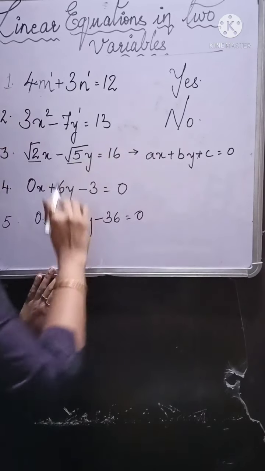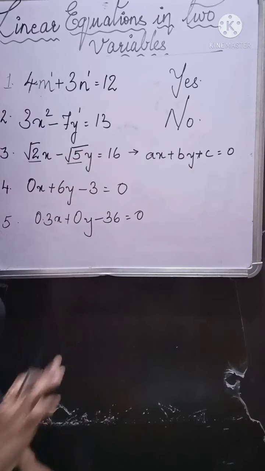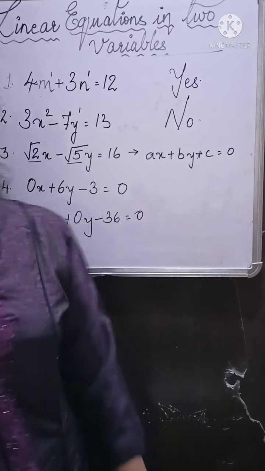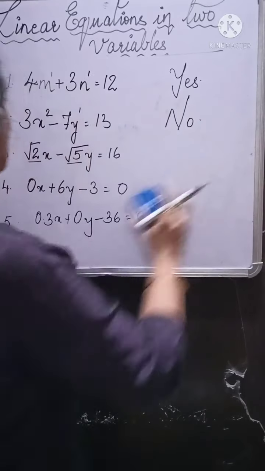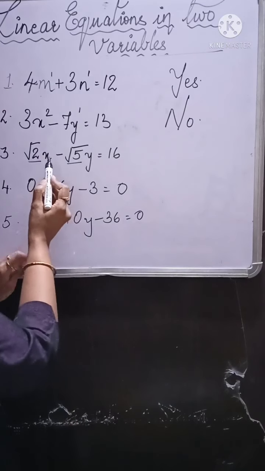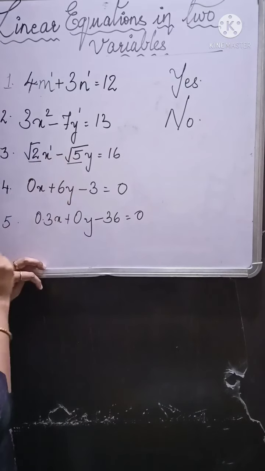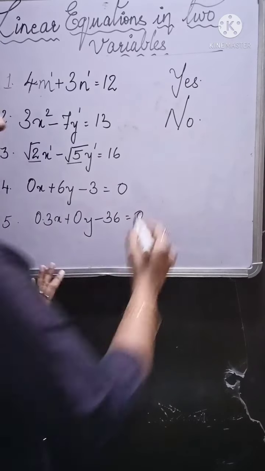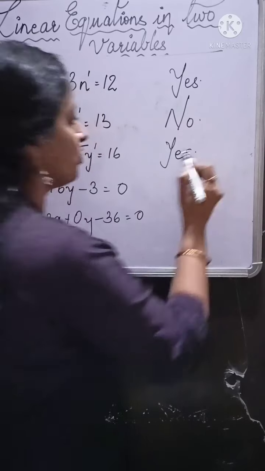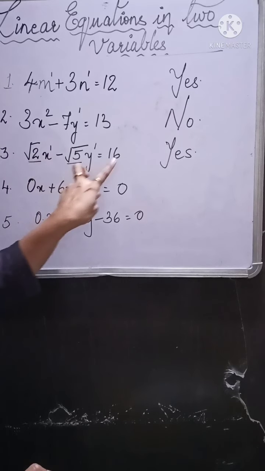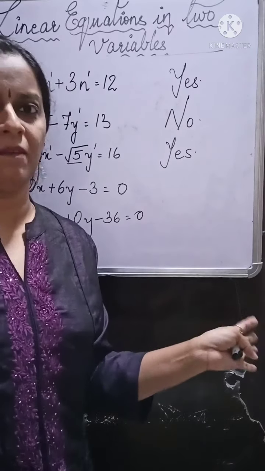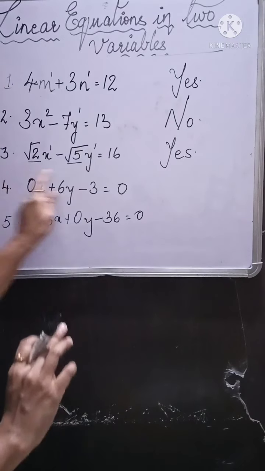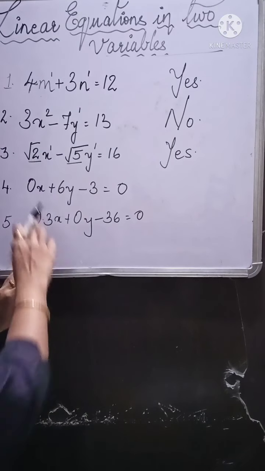So c will be minus 16. Just check whether it is a linear equation in two variables. What is the degree of the first variable? 1. Degree of y is also 1. Yes. So this is a linear equation in two variables. a, b and c can be any real number. So this is also a linear equation in two variables. Now check this.